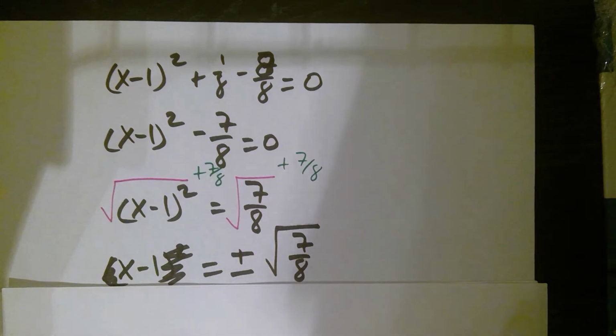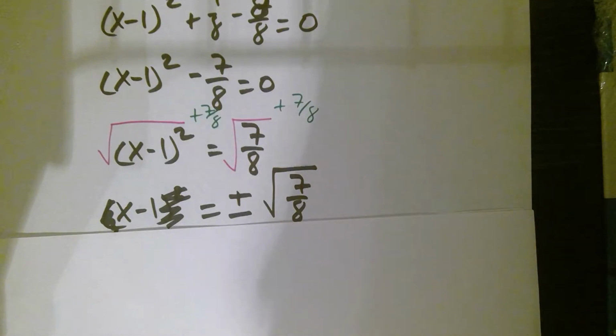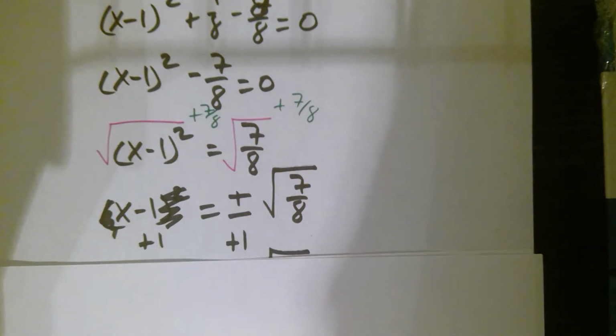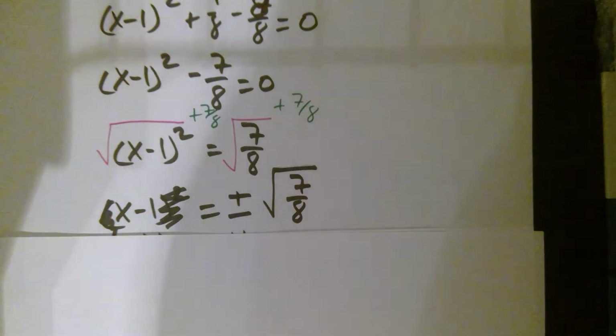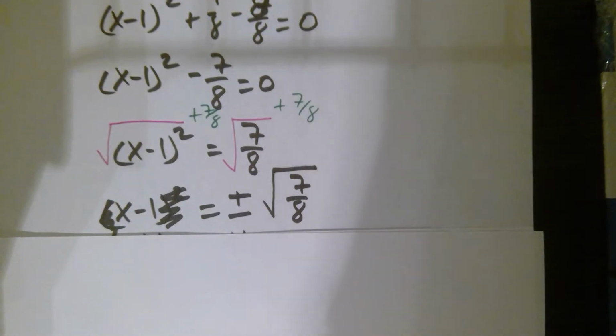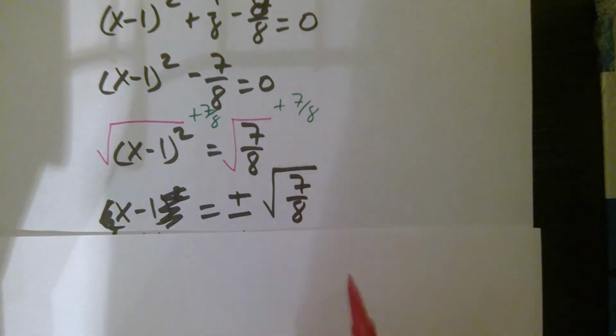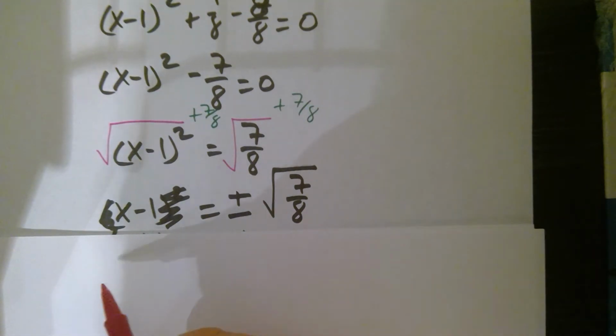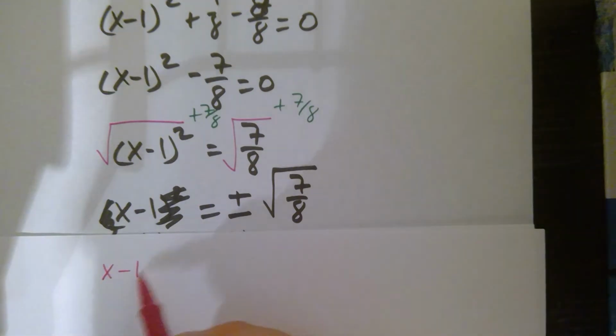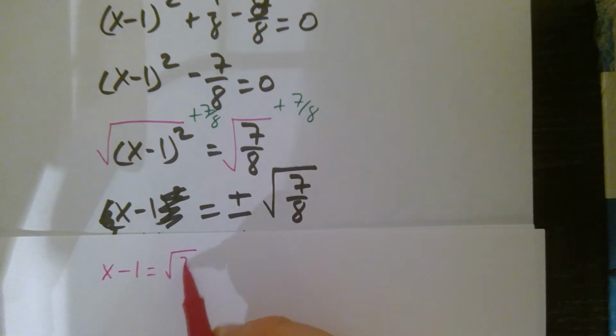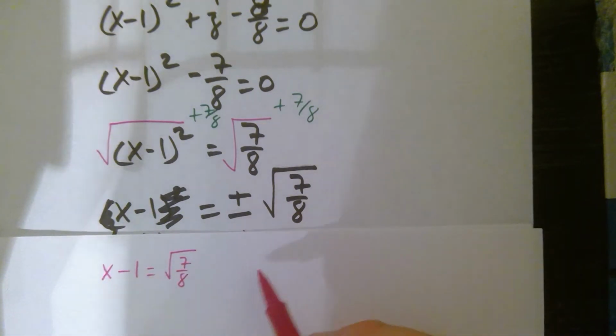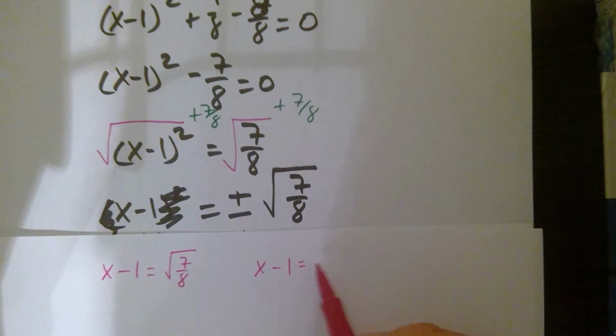Now we're going to go ahead and solve this. We'll add 1 to both sides. Actually, I want to solve this a bit differently. I want to take this x minus 1 equals plus or minus the square root of 7/8 and break this down into 2 equations. I think it might be easier to understand if we break it down into 2 separate equations.